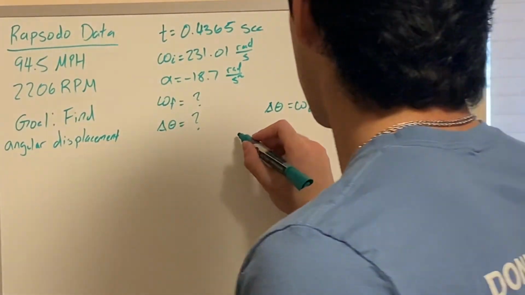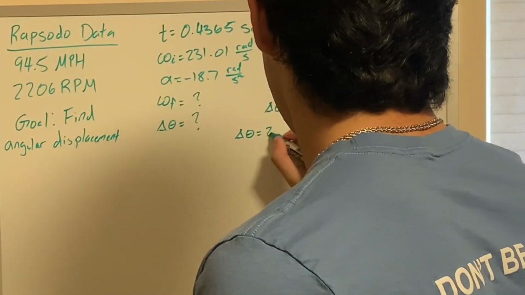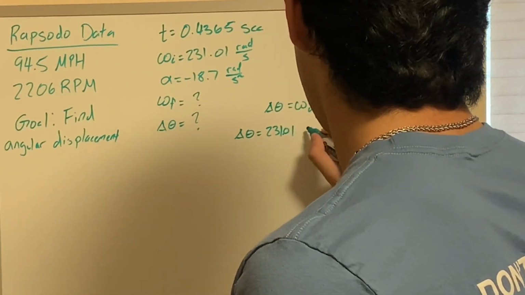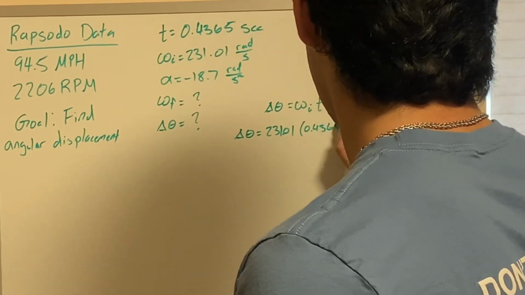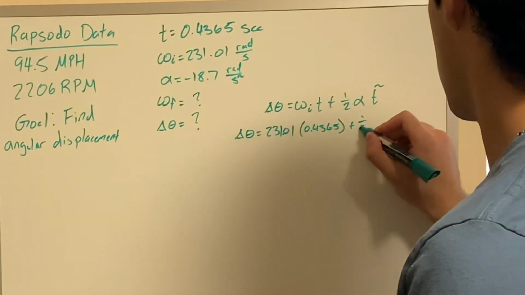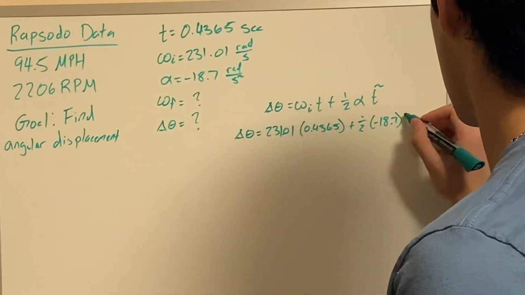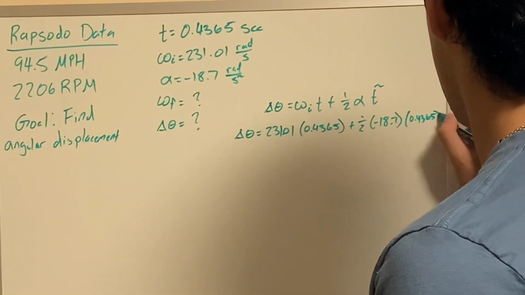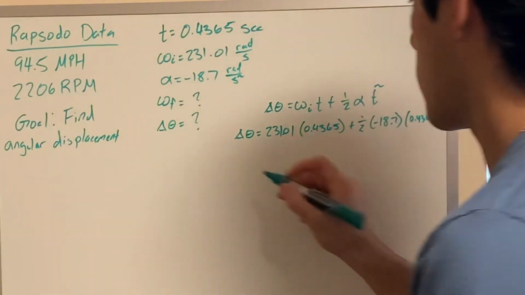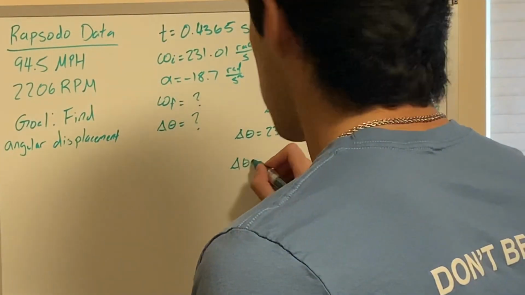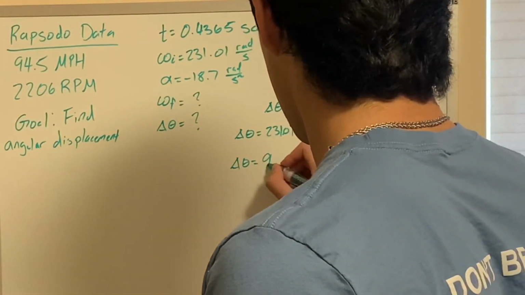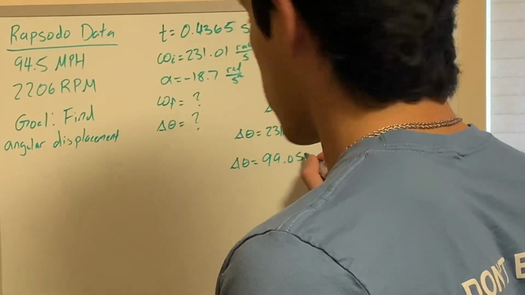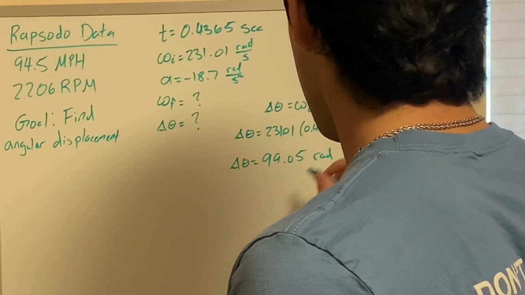So if we just plug in all our numbers, this will give us an angular displacement of 99.05 radians.